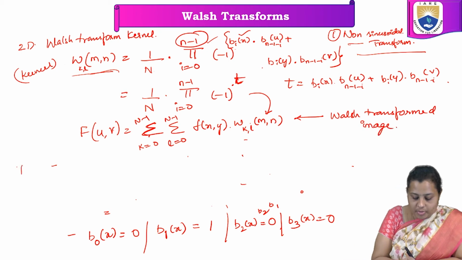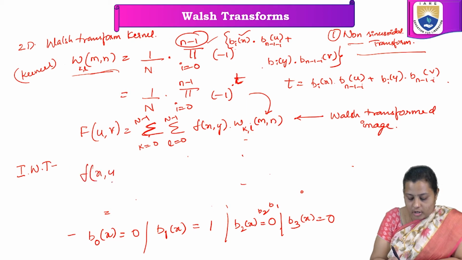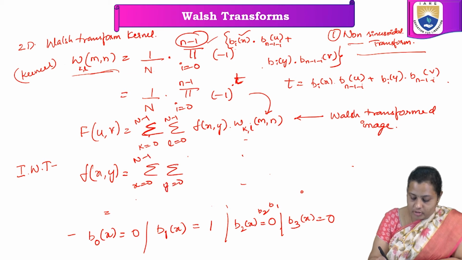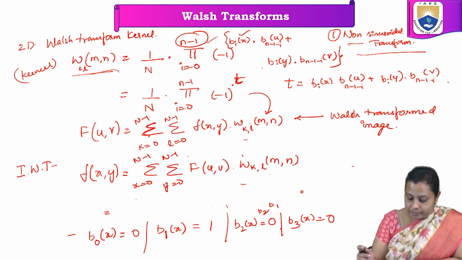If I talk about my inverse Walsh transform, then I can get back f of x comma y, which is equal to the double summation of u equal to 0 to n minus 1, v equal to 0 to n minus 1, of f of u comma v into Walsh k m n.